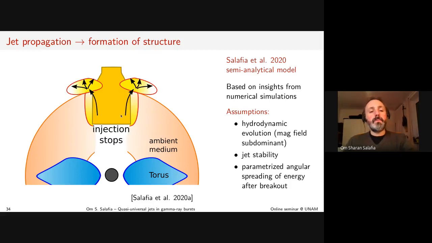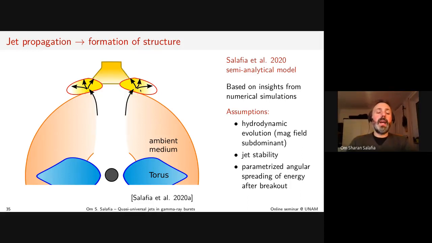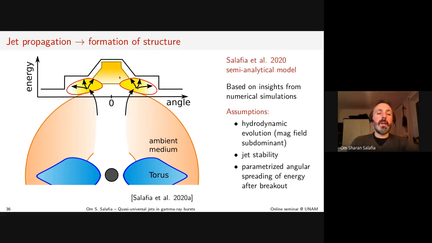And then you have, at some point, that the injection of the jet, the production of the jet, stops. And in the meanwhile, you have the blowout of both the jet, which is losing collimation, and of the cocoon. And then at some point, all the material has been blown out, and it is moving initially maybe not at a highly relativistic speed, but then it accelerates and it becomes highly relativistic.